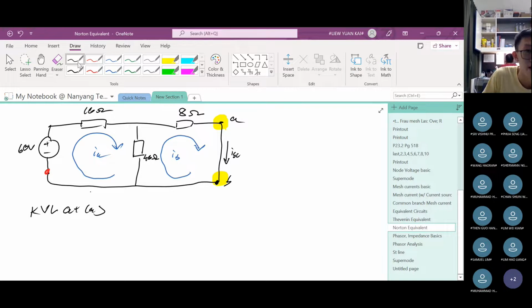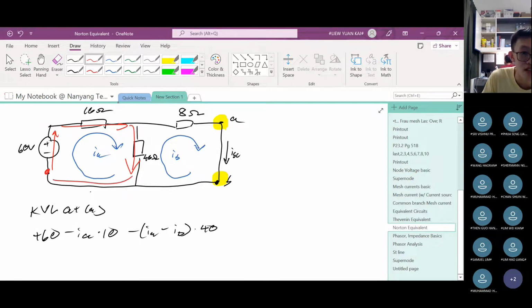So at A, we have this, which is plus 60. Then go to here, which is minus IA times 10. Then to here, which is minus IA minus IB. Don't forget, okay, IB is opposing us, times 40. Then we go back.